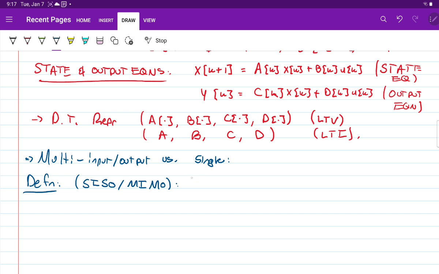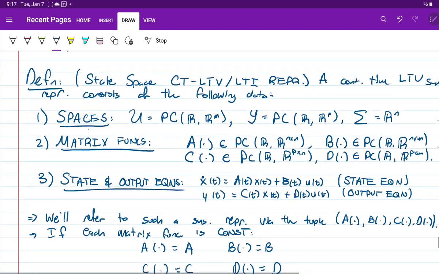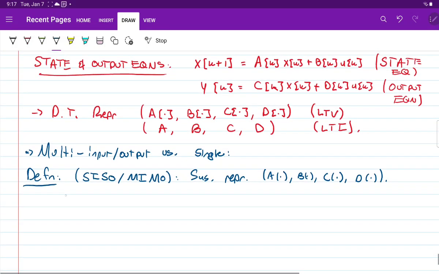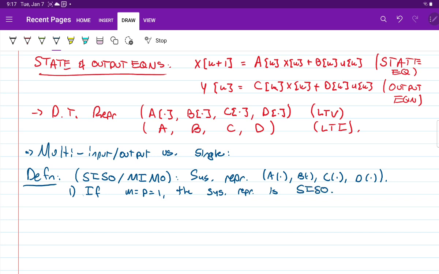Okay, so let's say we're given a system representation A, B, C, D. All right, and above, remember, we had these dimensions m, p, and n, right? So what I'll say is 1, if m equals p equals 1, that is, the input value space is one-dimensional and the output value space is one-dimensional, then I say the system representation is SISO.